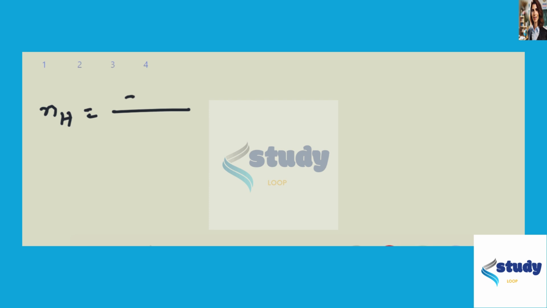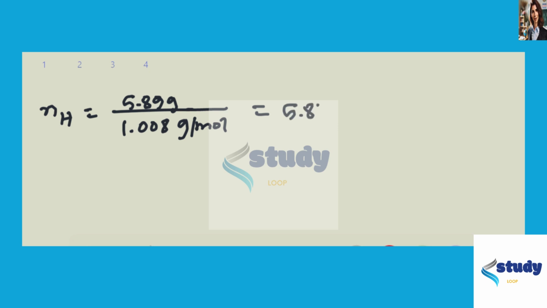So it will be 5.89 gram over the molar mass of hydrogen, which is 1.008 gram per mole, and this will give us a value of 5.84 mole.